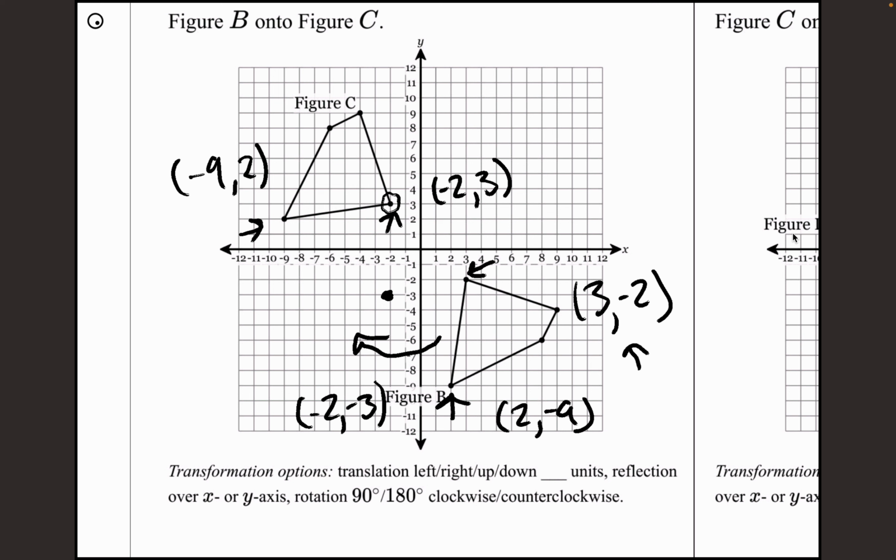Okay, so if I do 90 degrees clockwise, then what happens to these coordinates? For 2, -9. 90 degrees clockwise. What does it become? -9, -2. Okay, so then my point is here.